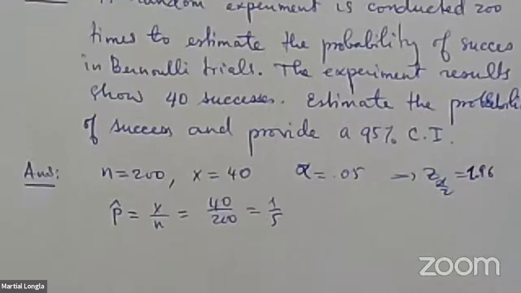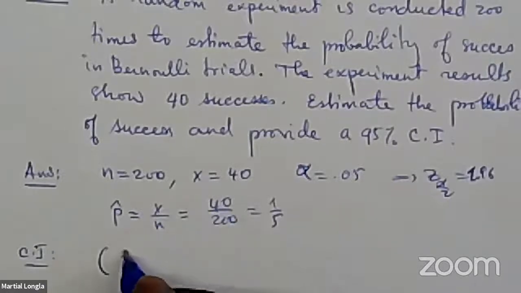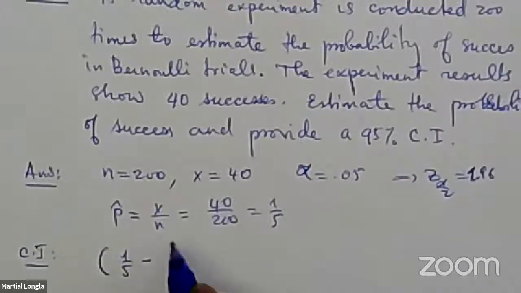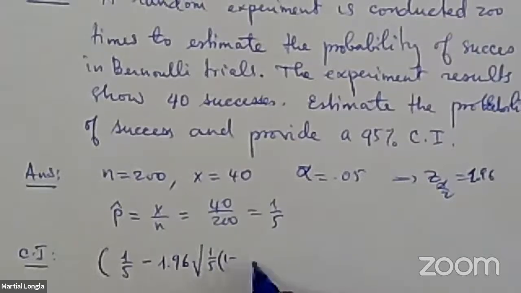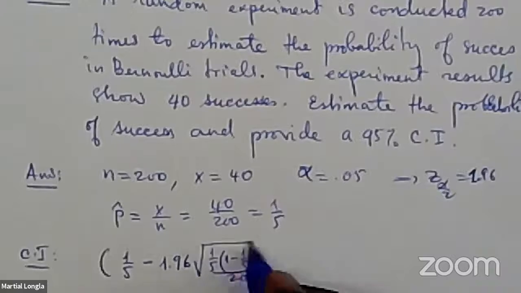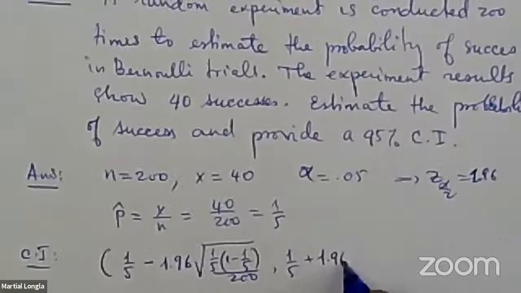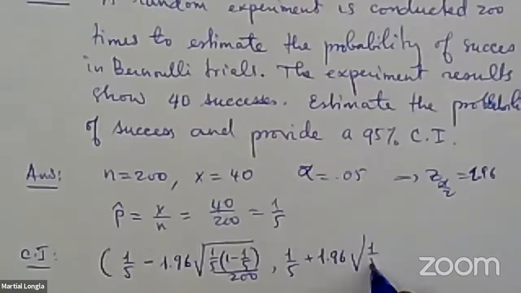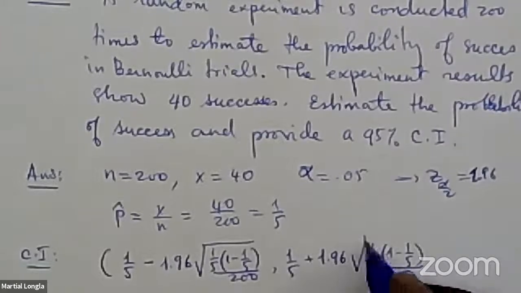And so the confidence interval is going to be 1/5 minus 1.96 times square root of 1/5 times 1 minus 1/5 divided by 200, then 1/5 plus 1.96 square root of 1/5 times 1 minus 1/5 divided by 200.